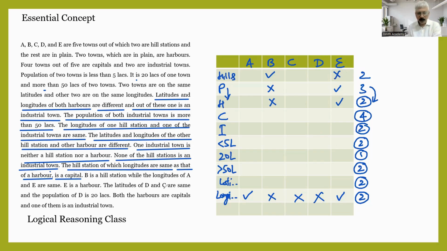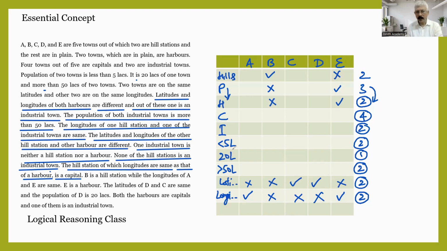The latitudes of D and C are the same. Okay. So only two towns have these latitudes, so cancel this and this. The latitude of D and C are the same, and the population of D is 20 lakhs.